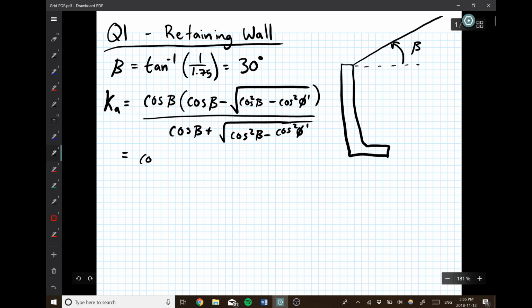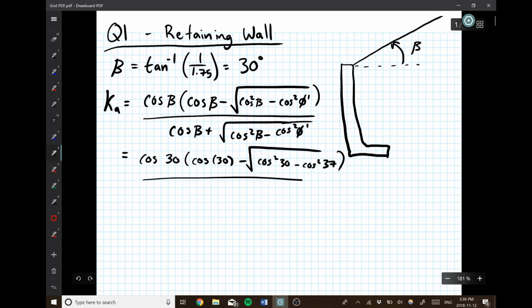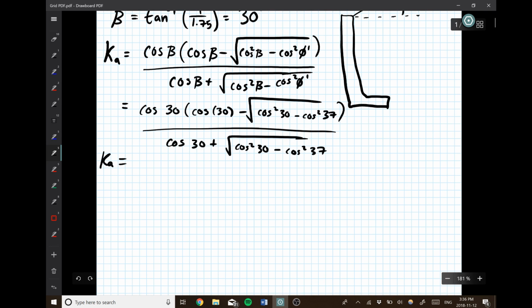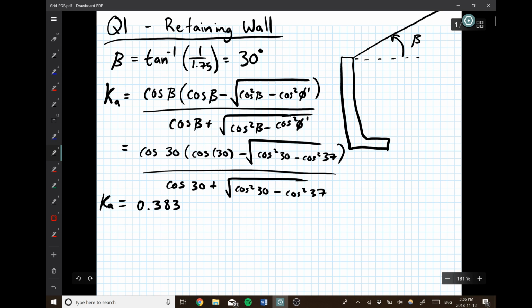And when you plug all those things in, you get cos 30 times cos of 30 minus the root of cos squared 30 minus cos squared, I believe it's 37 for our phi, over cos 30 plus the root of cos squared 30 minus cos squared 37, which gives us a Ka equal to 0.383.